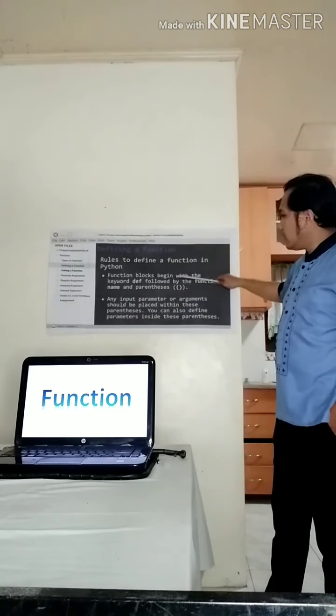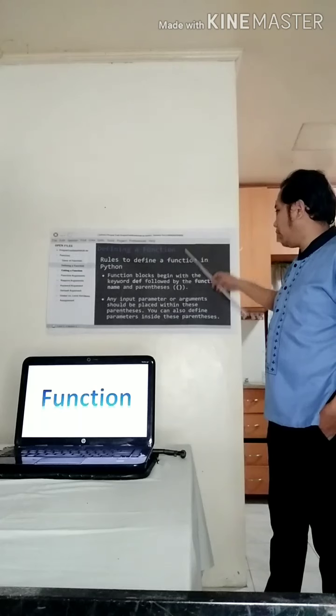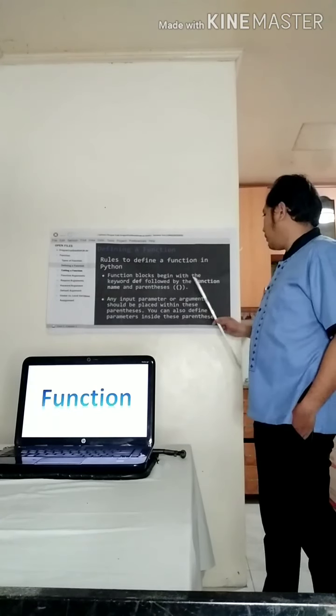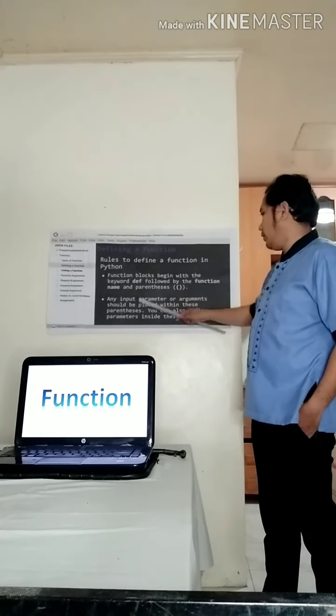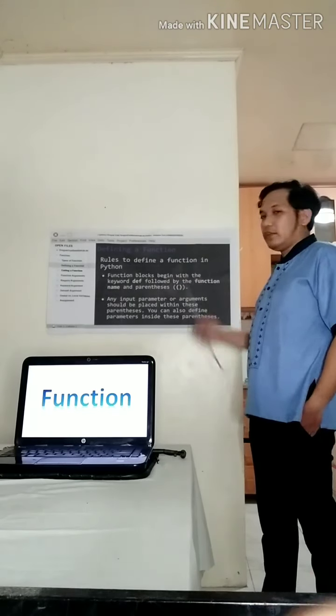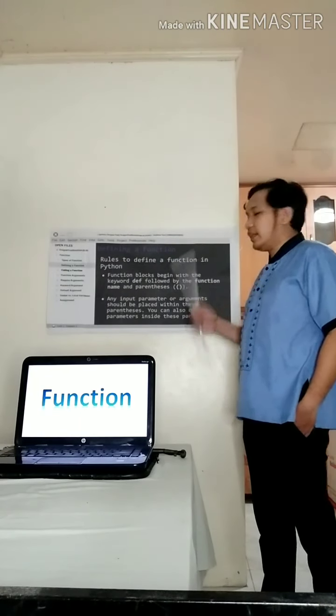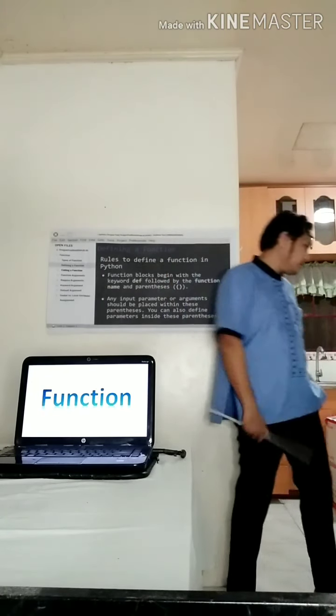Any value placed in these parentheses is called a parameter or argument. Most of the time, I call it an argument. So there, we can define a parameter inside these parentheses. Later on, we will get to know more about these parameters and arguments.